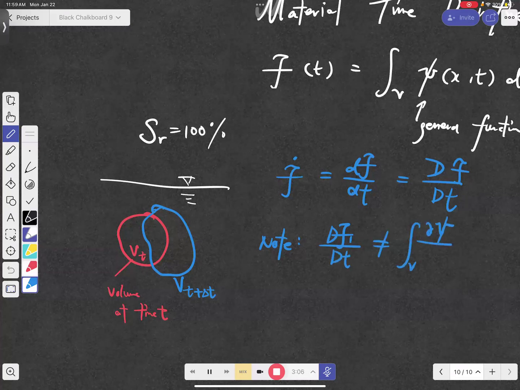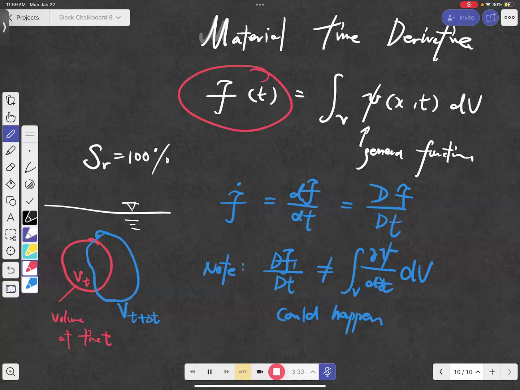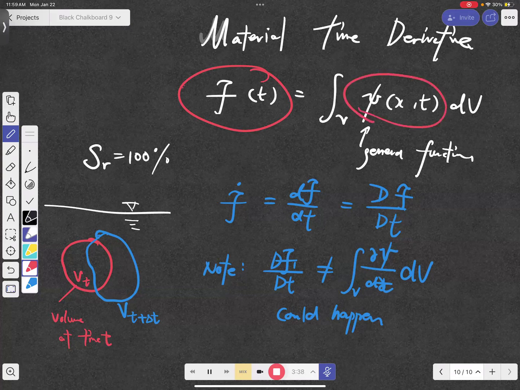Generally speaking, you take the total time derivative of a function f, and it is not equal to taking the derivative of the density function and integrating it over the volume. Do you see that? This is the generic function, and this is the corresponding density function. Why do I call it the density function?